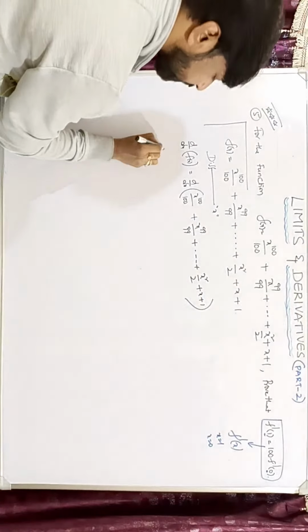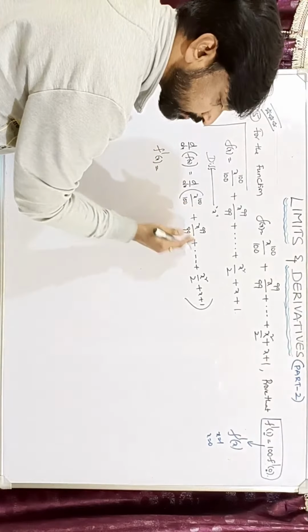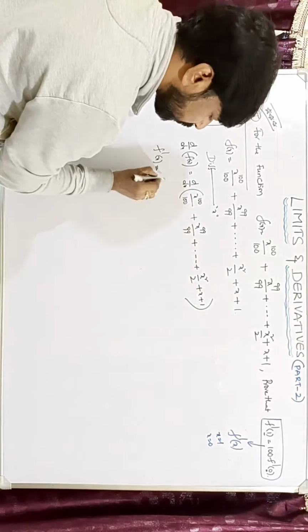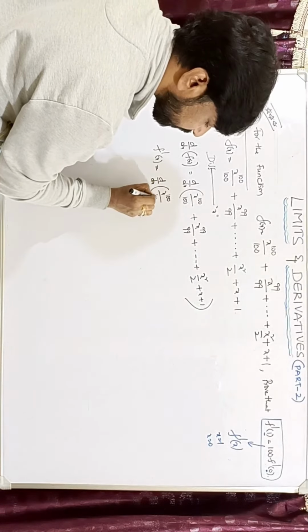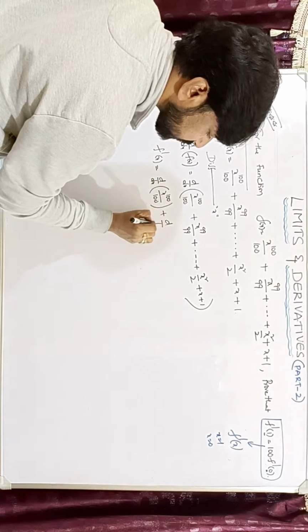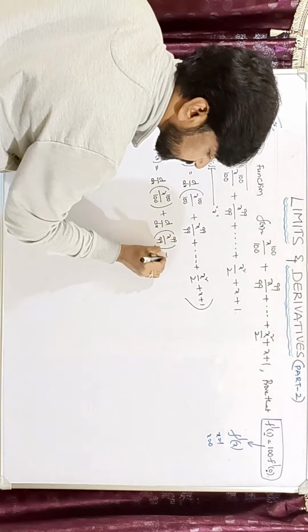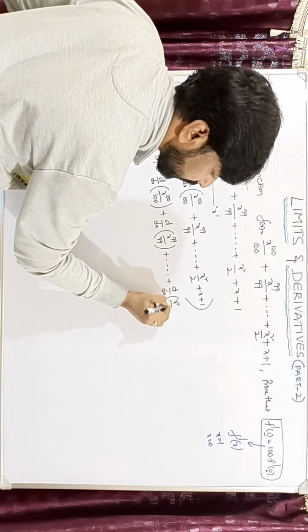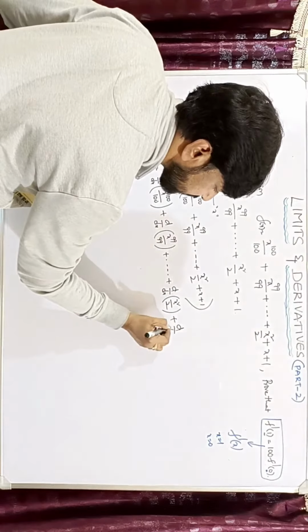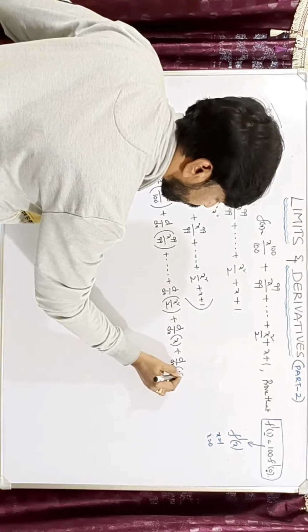Now d by dx of f of x is f dash of x, and since there are multiple functions, you can do individual derivatives: d by dx of x power 100 by 100 plus d by dx of x power 99 by 99 plus so on plus d by dx of x square by 2 plus d by dx of x plus d by dx of 1.